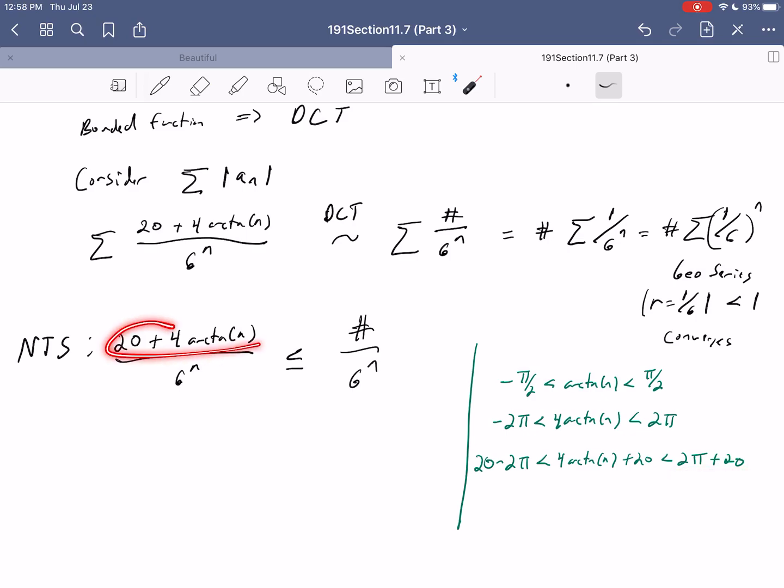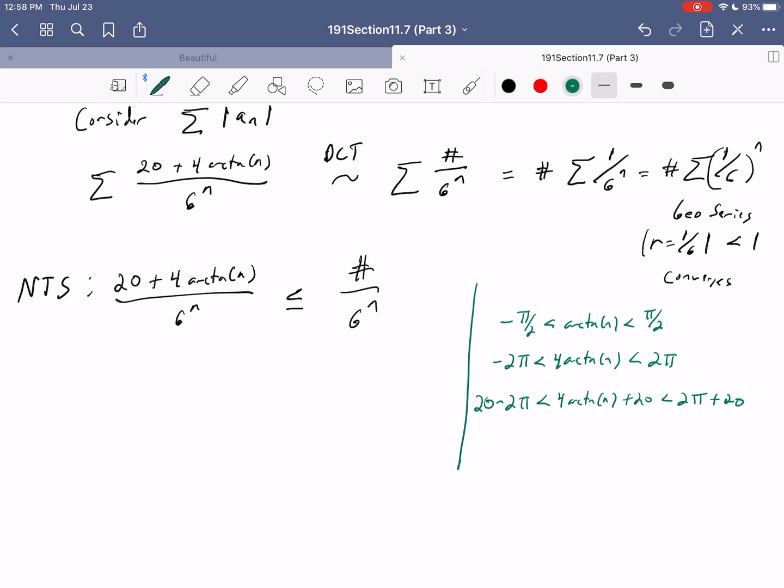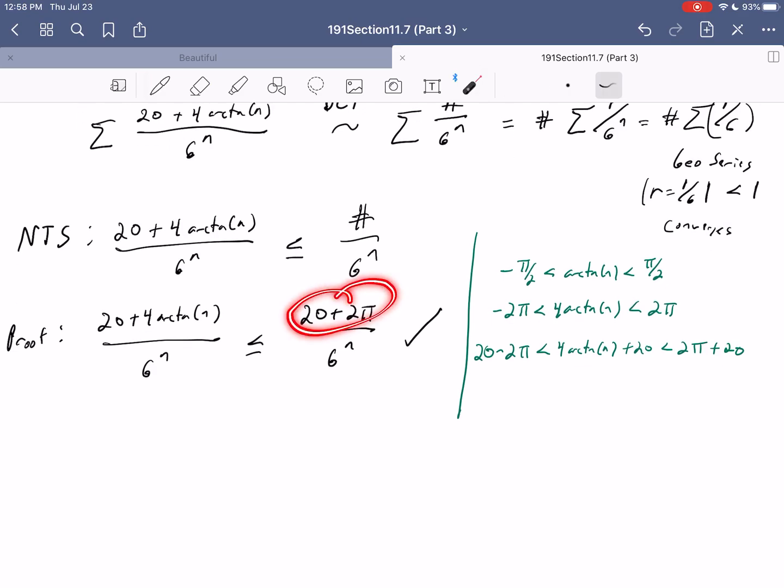Since we want to make sure that this is less than this, the bound we'd want to choose is this right here, 2 pi plus 20. So what we would say is our proof here is 20 plus 4 arctan of n over 6 to the n is certainly less than or equal to 20 plus 2 pi over 6 to the n. Check. So that's a number over 6 to the n.